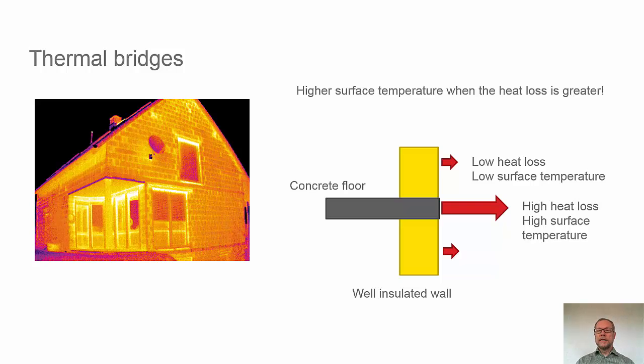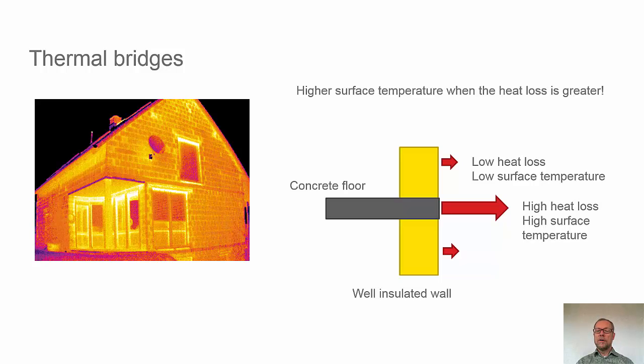If we have a thermal bridge, illustrated to the right with a concrete floor going through a well-insulated wall, we'll have very high heat losses going through the concrete because it has such a high thermal conductivity, and quite low heat losses through the well-insulated wall.